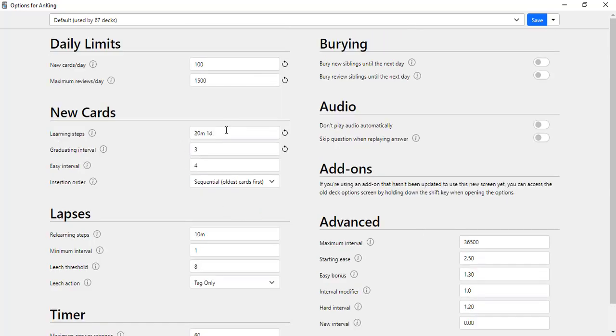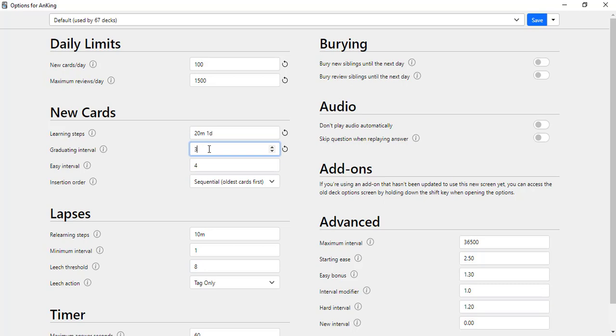Now let's go through the process. You learn the card, you graduate the card, it asks you in 3 days. Now let's say you pressed good, you remember the information. So what happens to this card is it will ask you in the new interval. So how is the new interval determined?